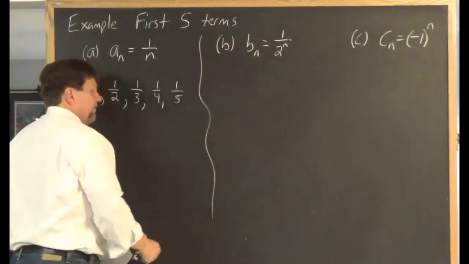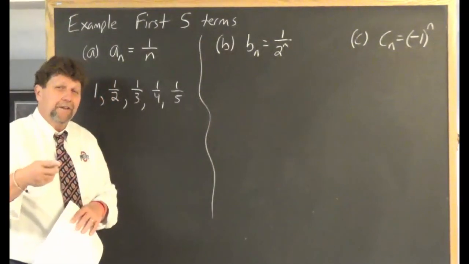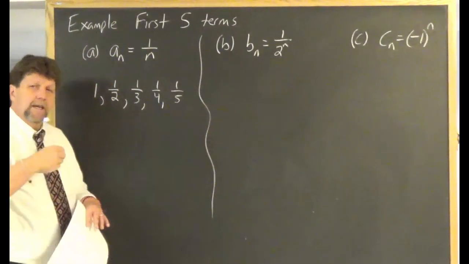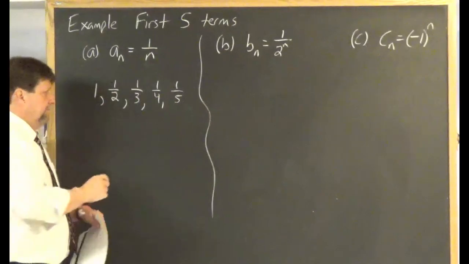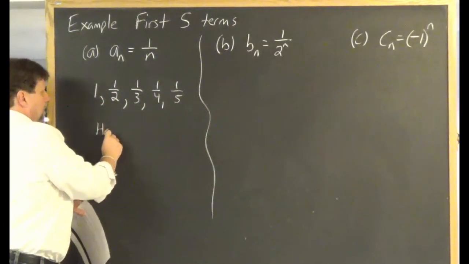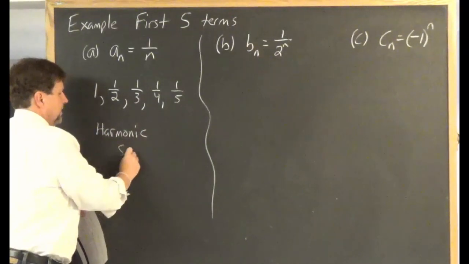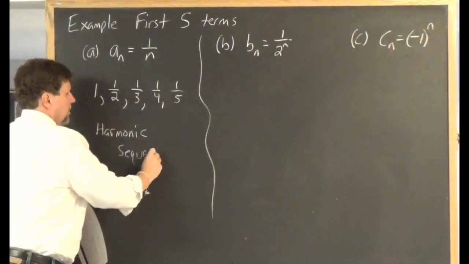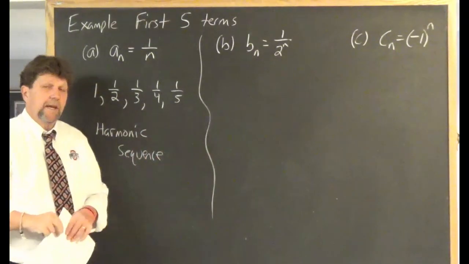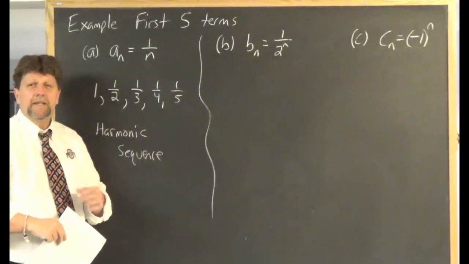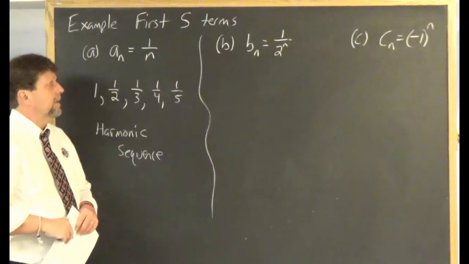And I'm going to foreshadow, you're going to hear this coming up real soon: this sequence actually has a name. It's called the harmonic sequence. That's a sequence I would like you to know by its name. It is the harmonic sequence.